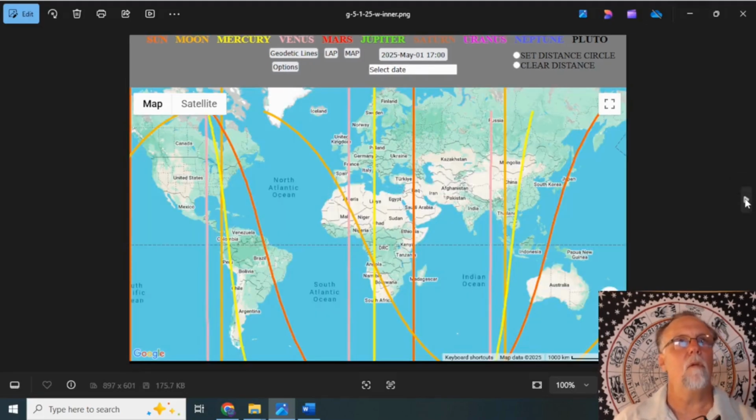Okay, so now I want to move into planets that you can actually use at your location more often than not, the fast-moving planets. So now we're talking the moon, Mercury, Venus, and the sun. The moon actually moves the fastest in the geodetic mapping system. It comes over any location on the planet several times a month.